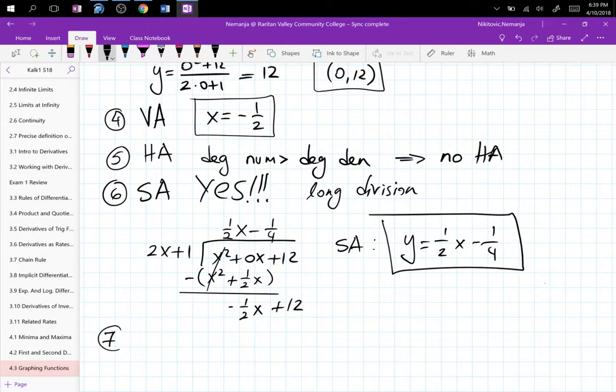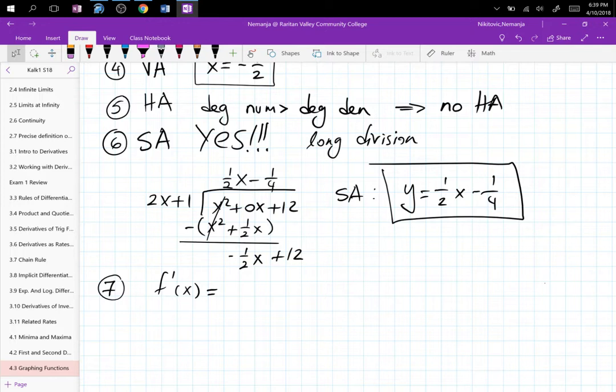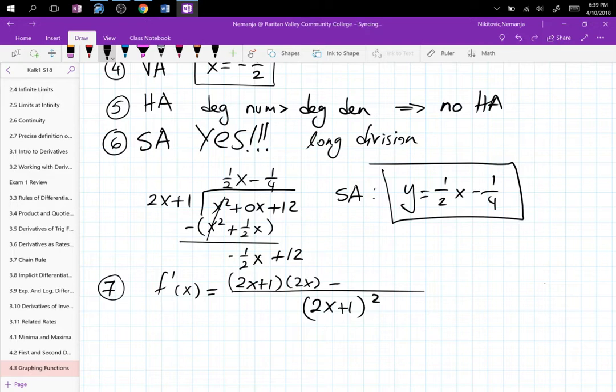Number 7, after the asymptotes, first derivative test. So first derivative of our problem, well, we have to go with quotient rule over here. We have 2x plus 1 squared in denominator, 2x plus 1 times the derivative of the top, which is 2x, minus copy the top, which is x squared plus 12, times the derivative of 2x plus 1, which is just 2.